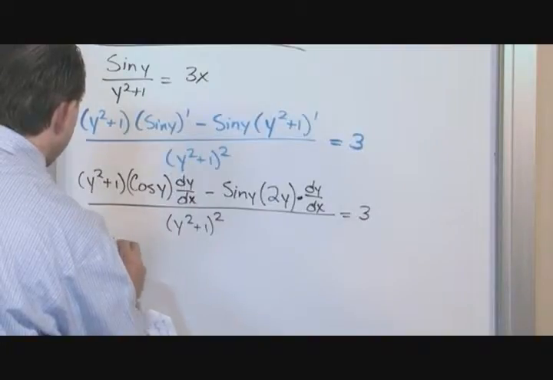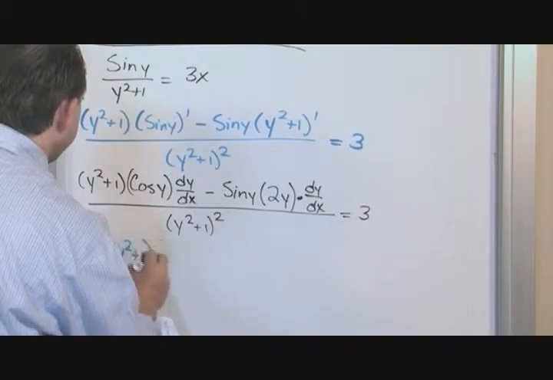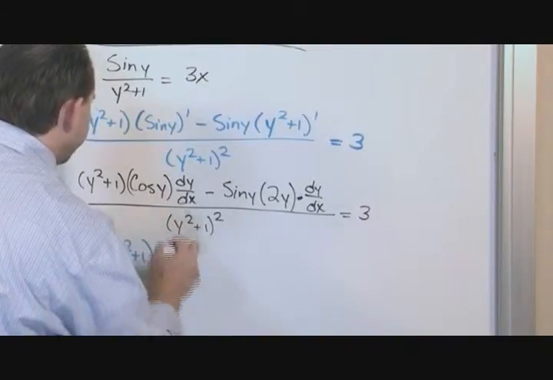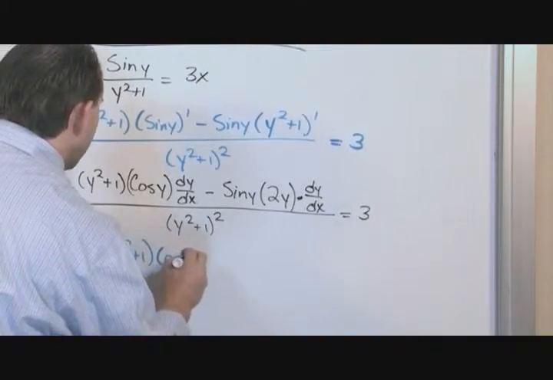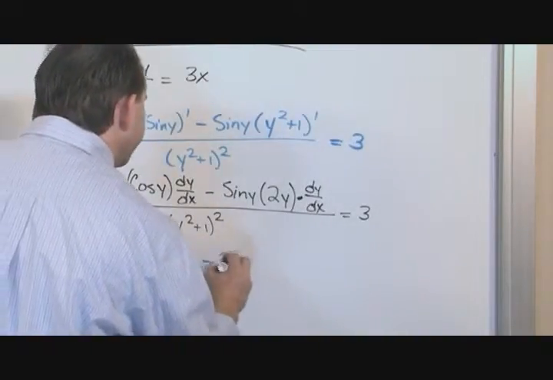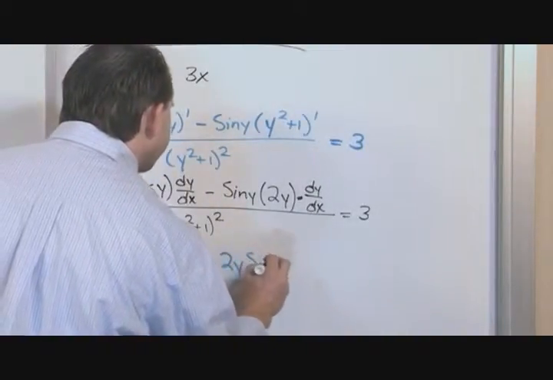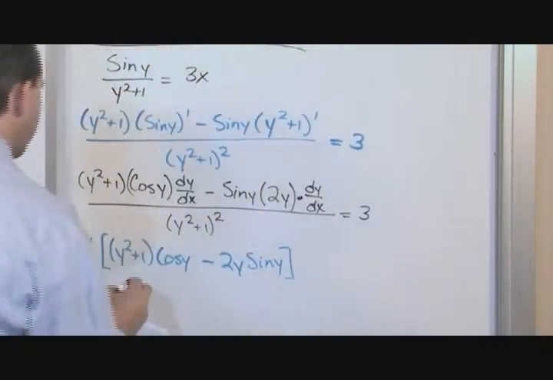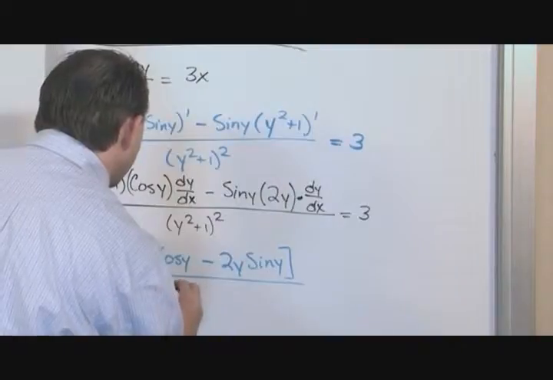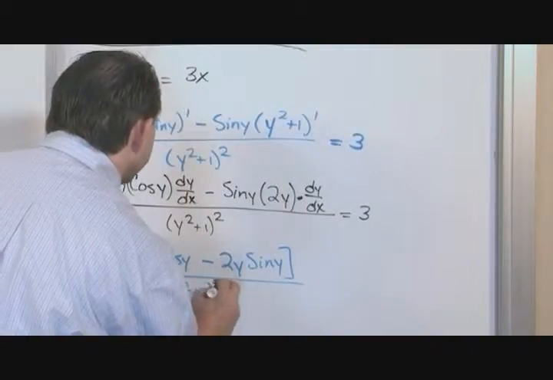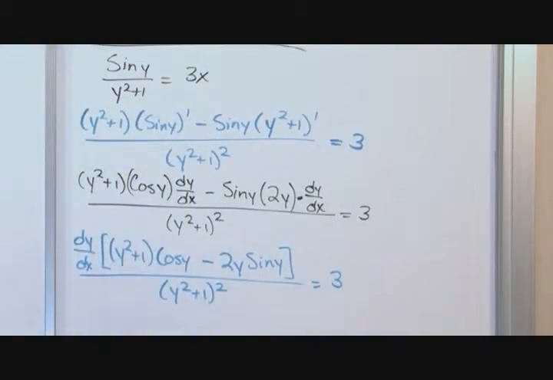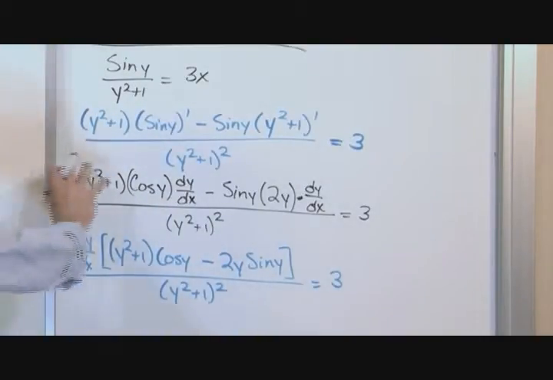We'll have y squared plus 1 times cosine of y, that's what we have on the top here, and then over here we'll have minus 2y sine of y. Close the brackets off. And then on the bottom, we'll go ahead and write it as y squared plus 1 squared, and that'll be equal to 3. Okay, now you see why we've written it this way. Notice that this is exactly the same thing.